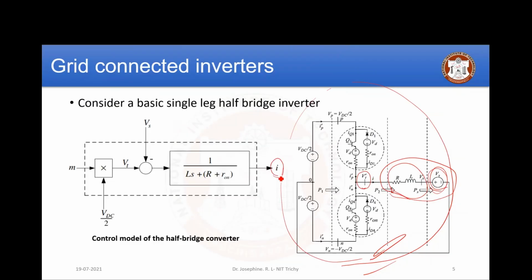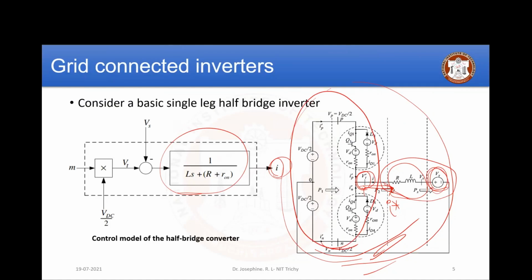Now what I want is to inject a specific amount of current, which is called the reference current, into the grid. If I want to inject a specific amount of current, I want to know the function. In general, this is your VT, this is your VS. This equivalent switching representation I'm not going to bother about.